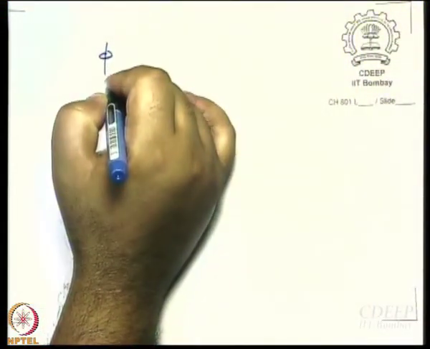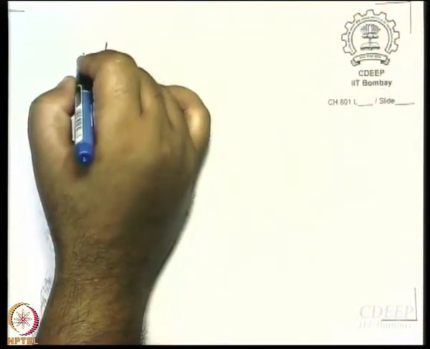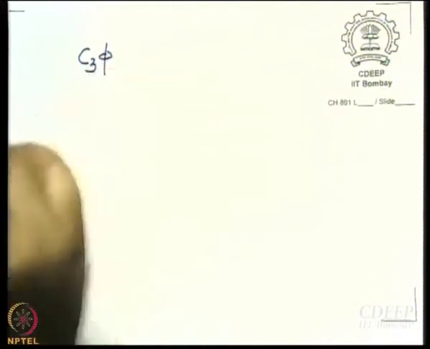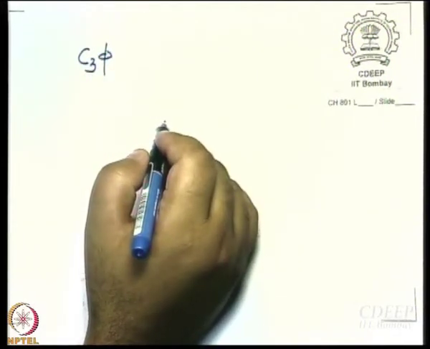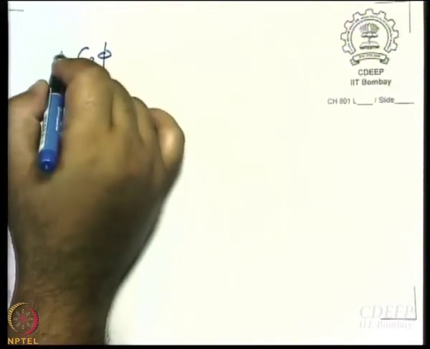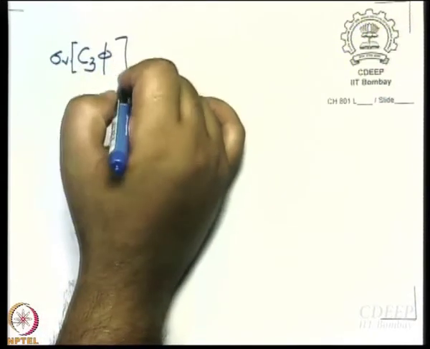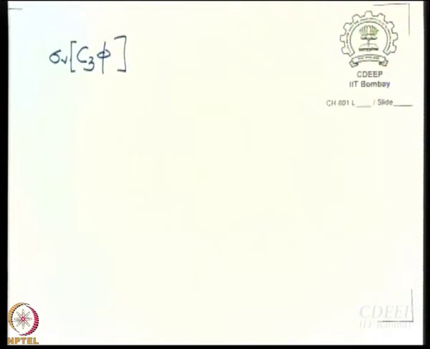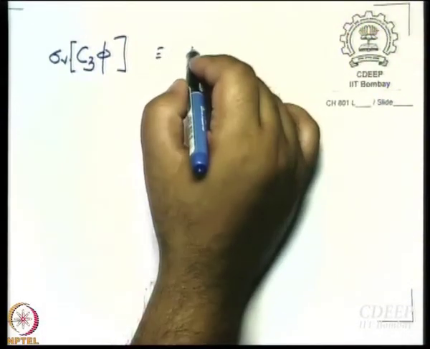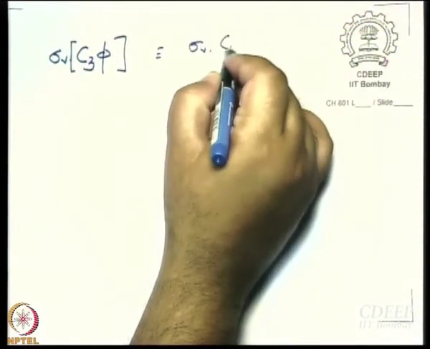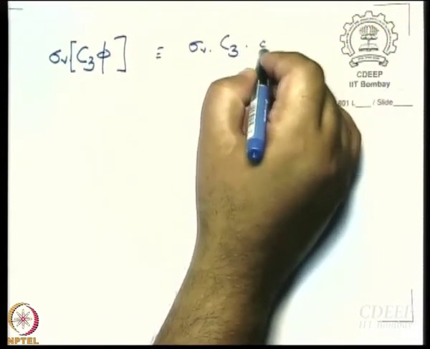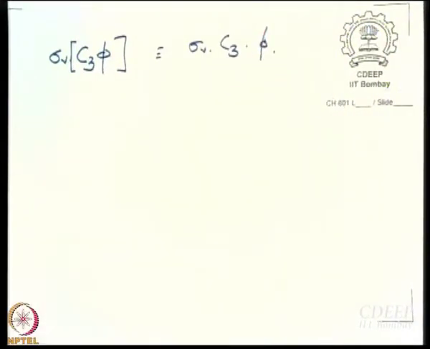I have something, say phi. I make C3 operate on phi, and then I make sigma v operate on whatever is the transformed coordinate. So, this is what I write as sigma v C3 phi. Okay.